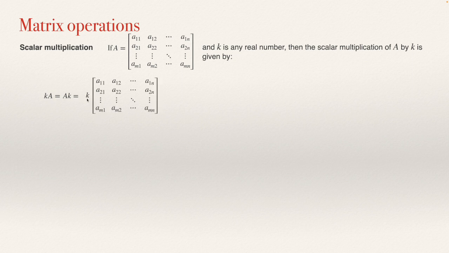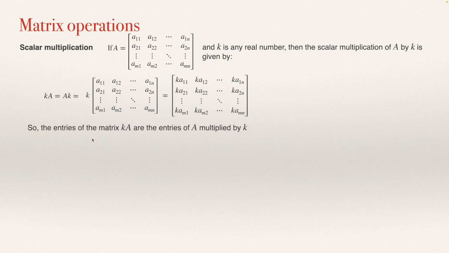When you multiply this k by the matrix, the answer will be another matrix, and the entries of the new matrix will be the entries of the original matrix multiplied by k. So what you need to do is multiply every entry of the matrix by the scalar k. So the entries of matrix kA are the entries of A multiplied by k.